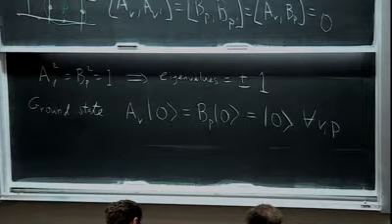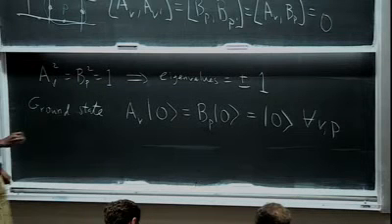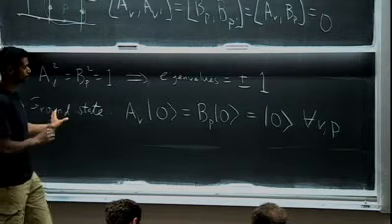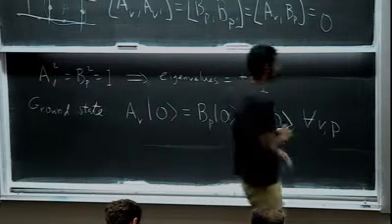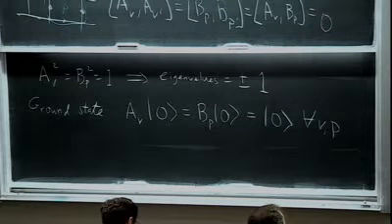Okay, so I think I can give a slightly different answer to your question about intuitive by introducing an intuitive way of thinking about the ground state and also the excited states.